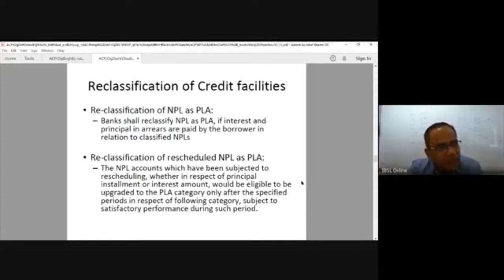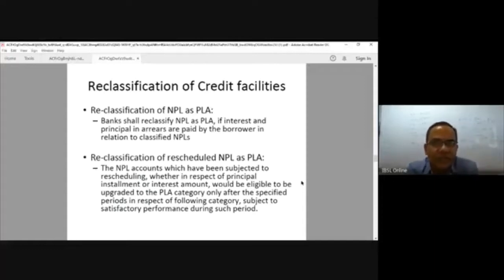The first time they gave the moratorium was in 2020, during April, for a 6-month period up to September 2020.